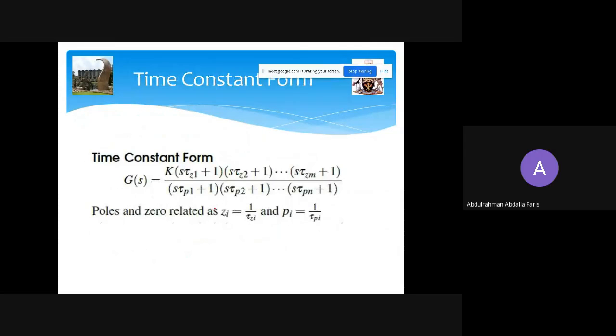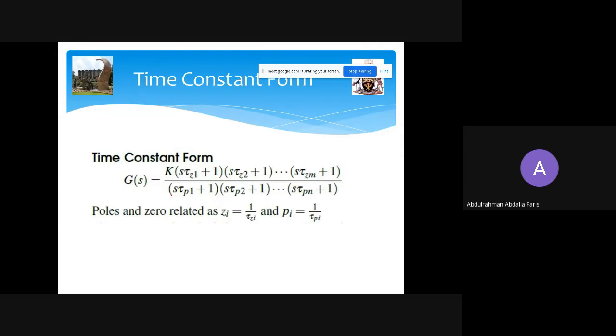For the time constant form, we can rearrange our transfer function so that we have it in this form. Once you have it in this form, the poles and zeros are given by the time constants of the system, as you can see here.